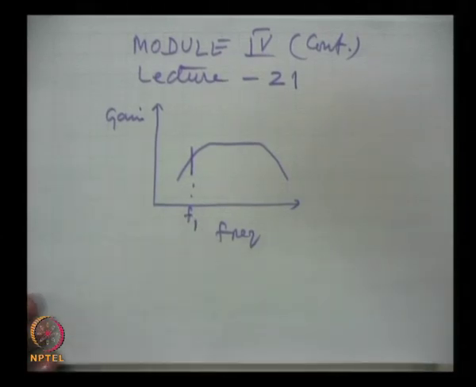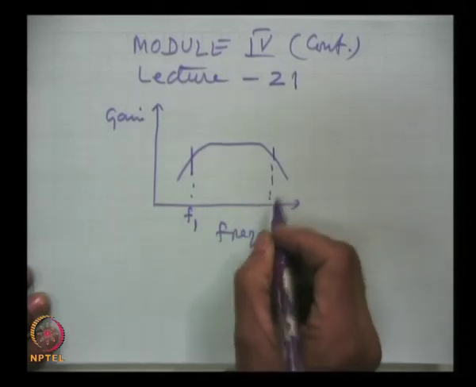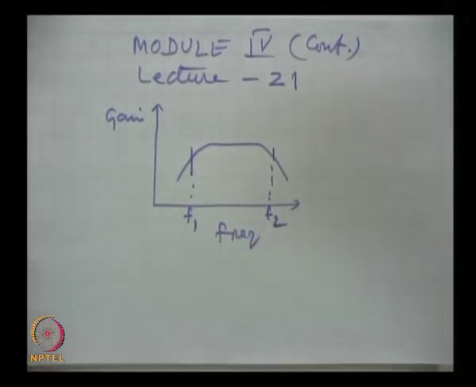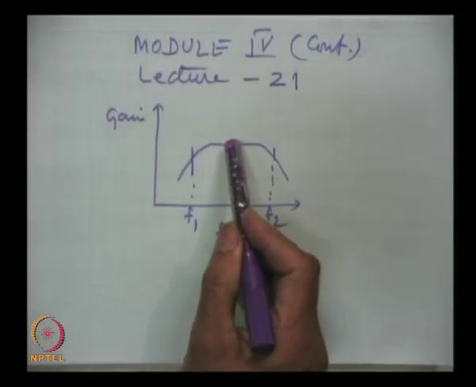Similarly, we discussed that for the upper cutoff, the coupling capacitors and bypass capacitors are not responsible, they have no role to play. Beyond these frequencies, they behave like a short.